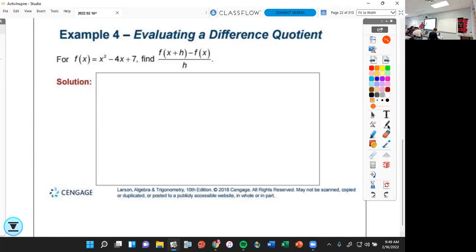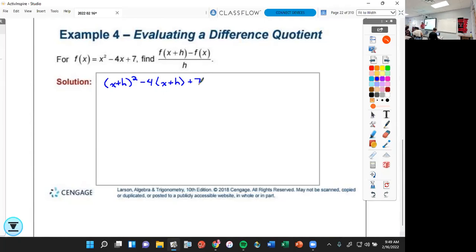Are y'all following me there? Whatever is inside the f of right here needs to be in place of x. So I have x plus h squared minus 4 times x plus h plus 7. All I did was take the function and plug in x plus h.